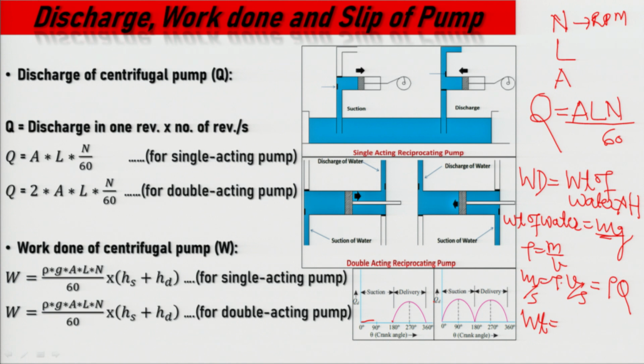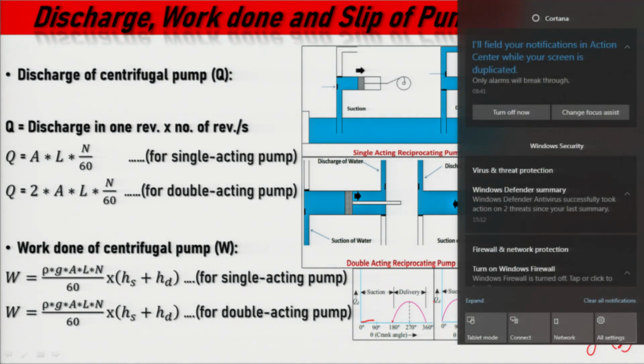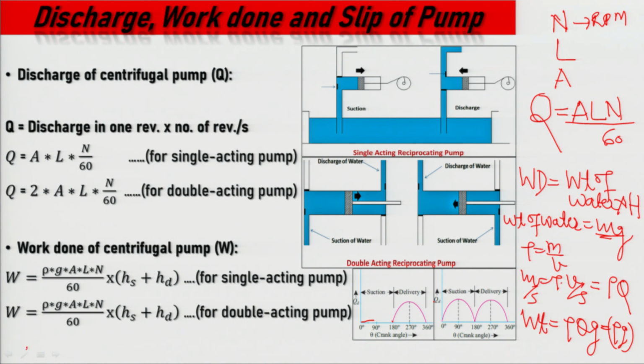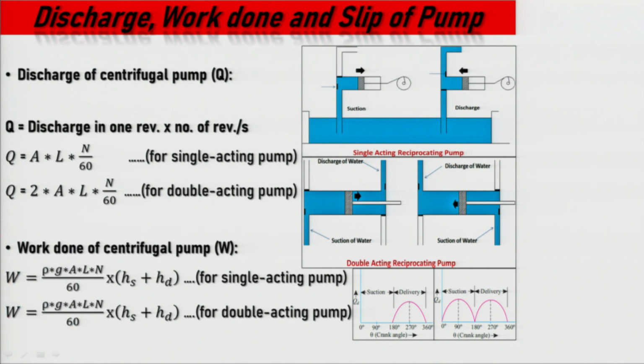Weight equals rho Q g, or rho g into Q. We have already calculated the discharge, which is A L n upon 60.